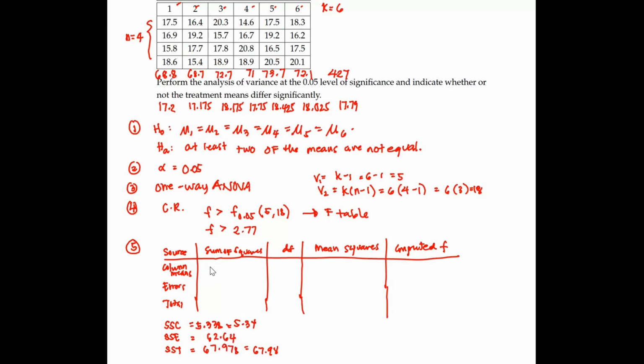So column means we have 5.34, error 62.64, and then total 67.98. We have the degrees of freedom, v sub 1 equal to 5 and v sub 2 equal to 18. Total is 23.